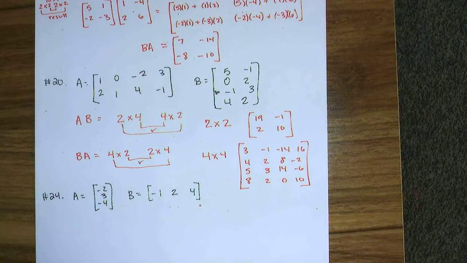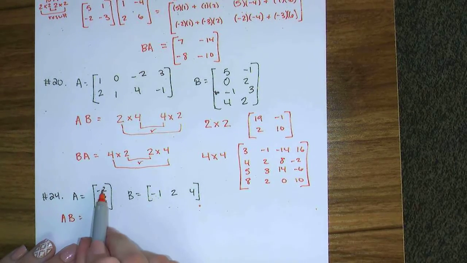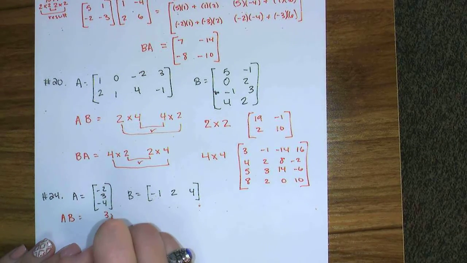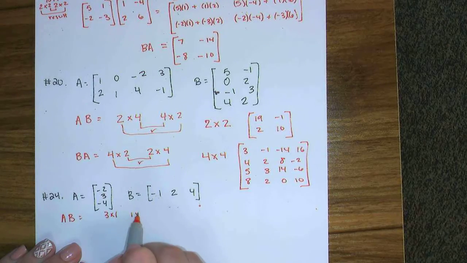And we're following basically the same instructions here. This one, I'm still going to let you do on a calculator, but we would set it up. AB: A is a 3 by 1, B is a 1 by 3. These match, resulting in a 3 by 3.